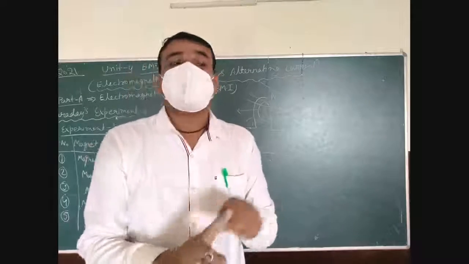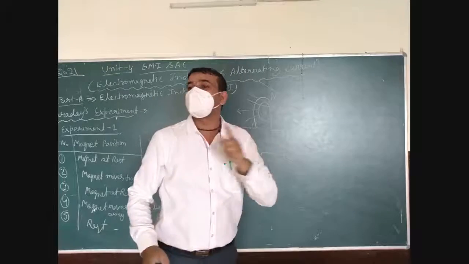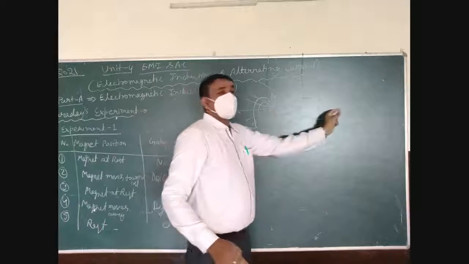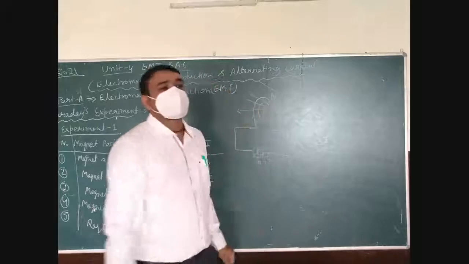such that it opposes the motion, which creates this change in magnetic field lines. And when we move away from the coil, we observe that it creates the south pole.